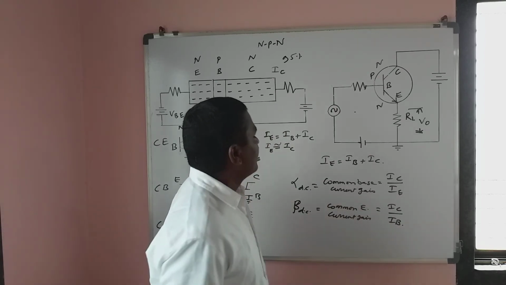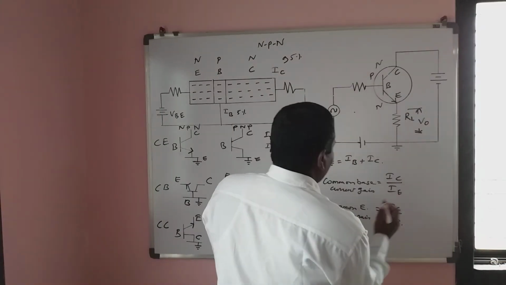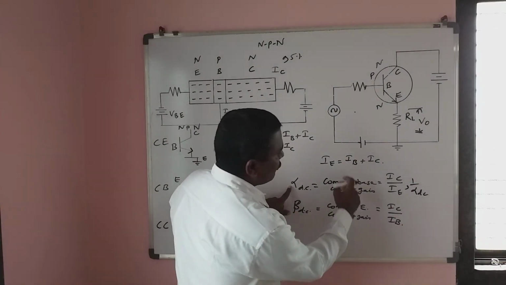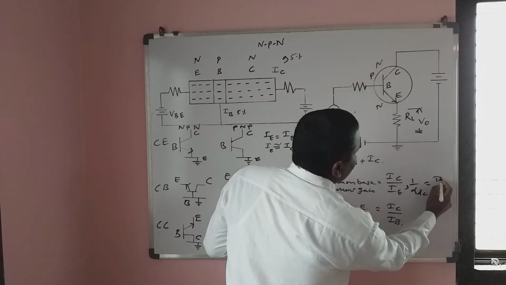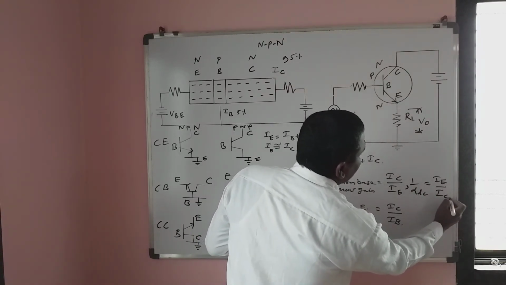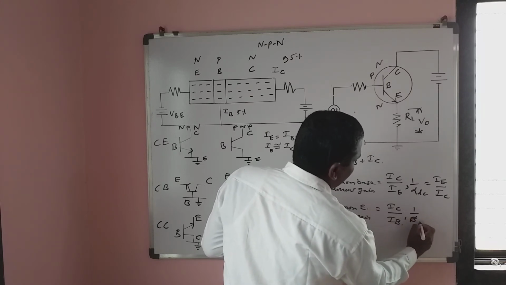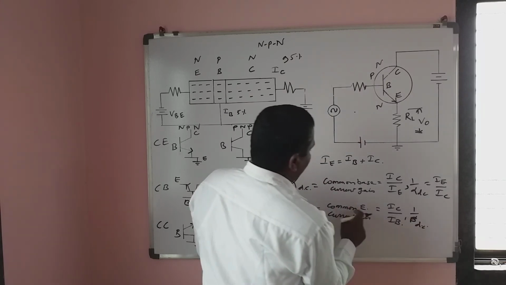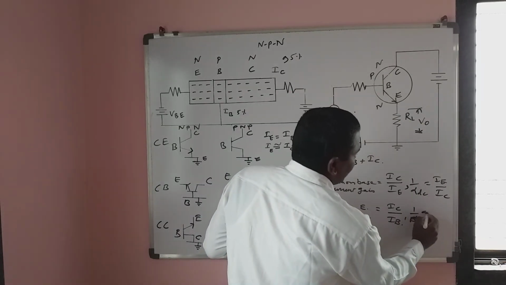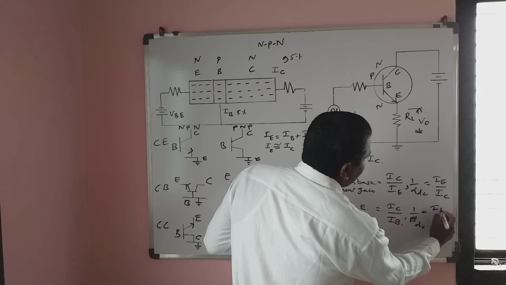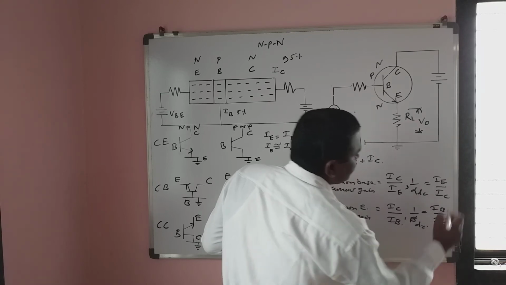What is 1 upon alpha DC? It is the reciprocal, that is IE upon IC. And 1 upon beta DC, from the common emitter current gain, is IB upon IC.